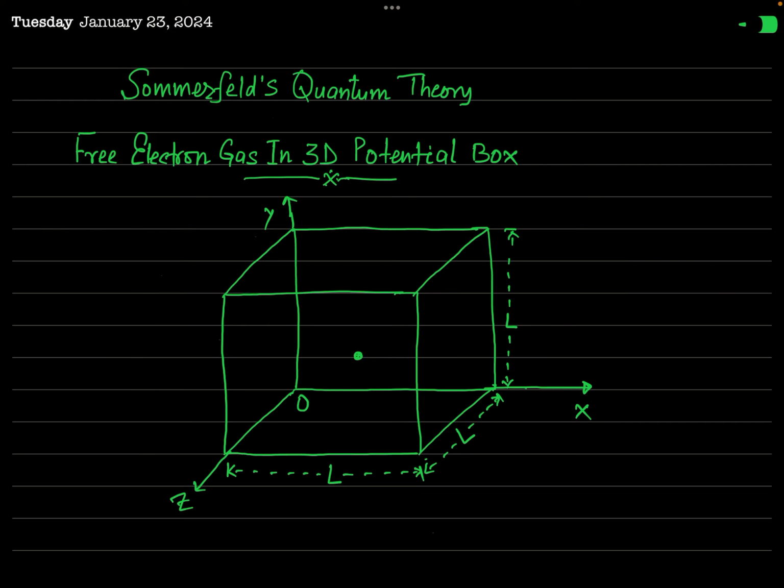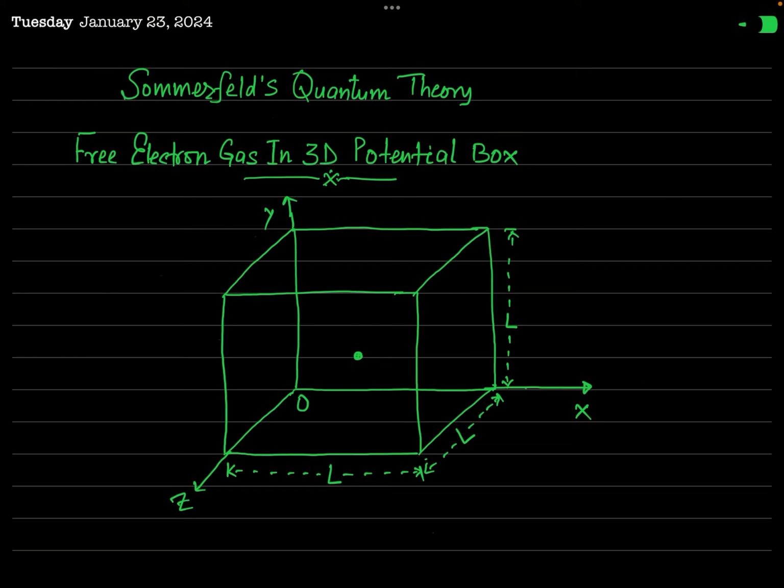Okay? In fact, in his model, Sommerfeld has also assumed that the potential, that is potential energy you can say, inside this box is uniform, and for simplicity it is taken as 0. Okay?